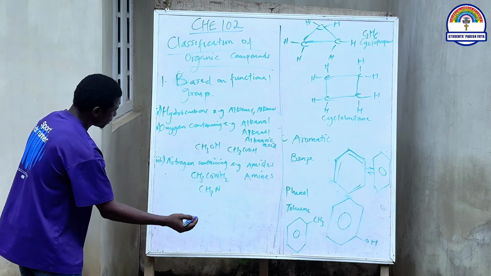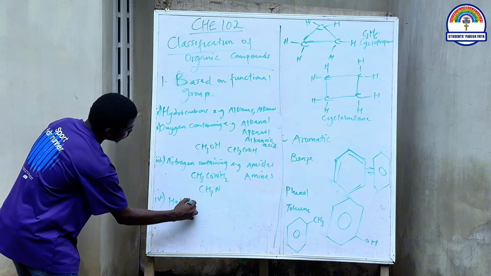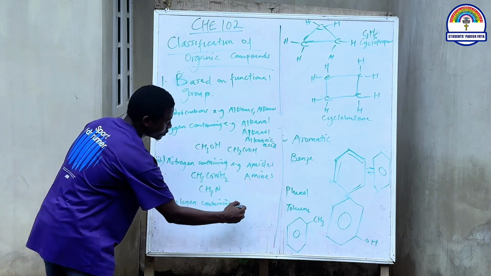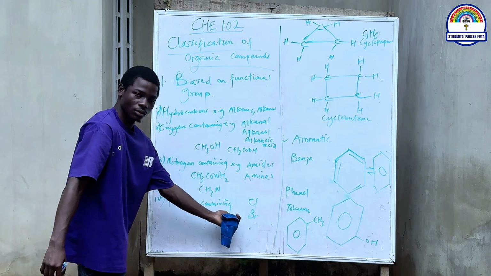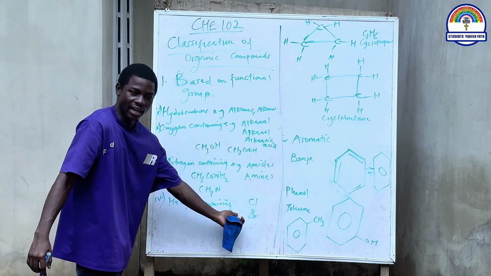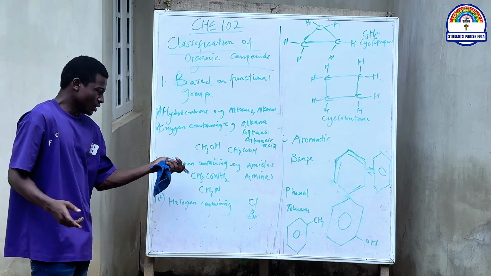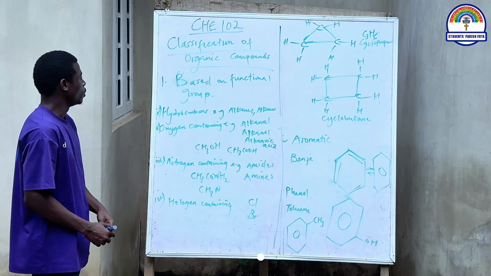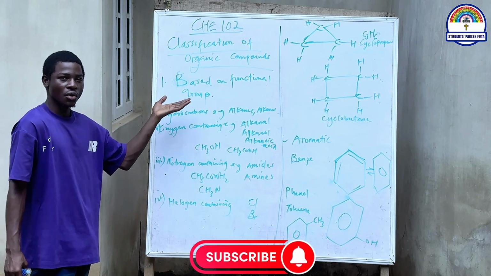What else? You have the halogen containing, chlorine, bromine, with an organic compound. So those are the halogen containing. So we have different divisions under this classification as well. That marks the classification of organic compounds.